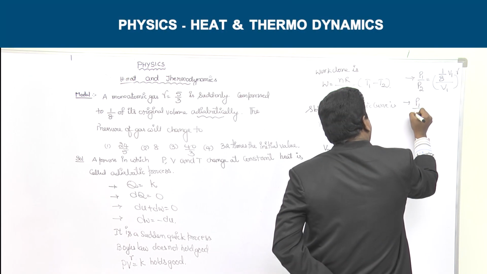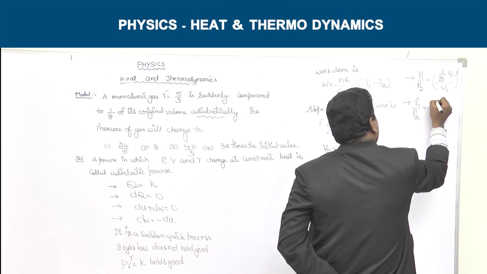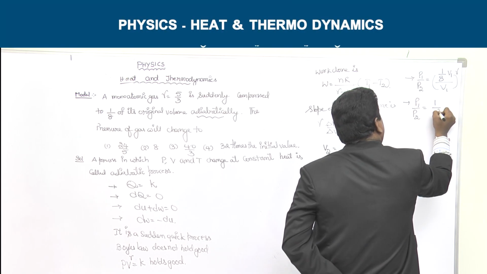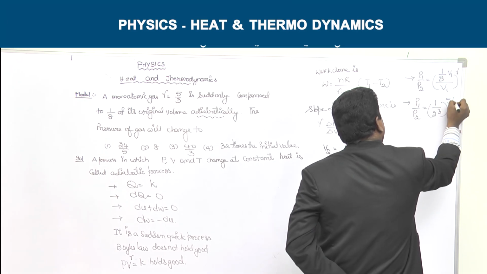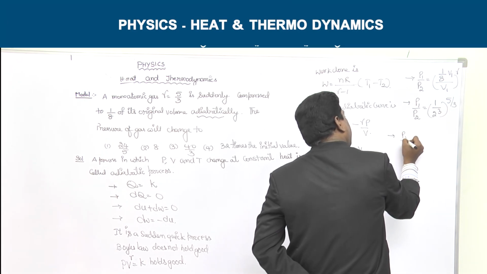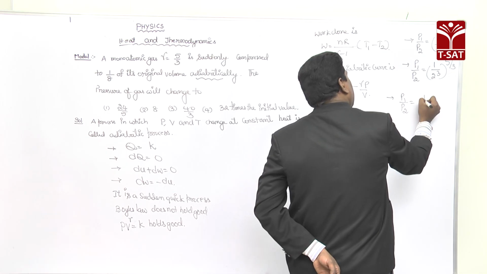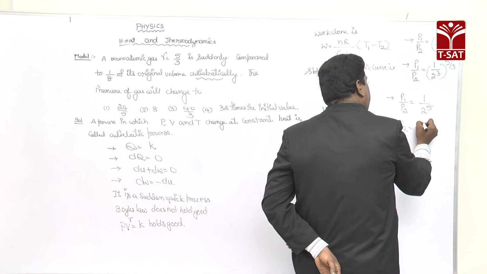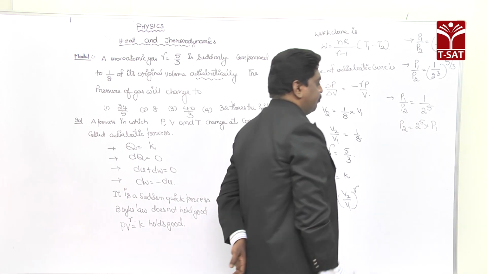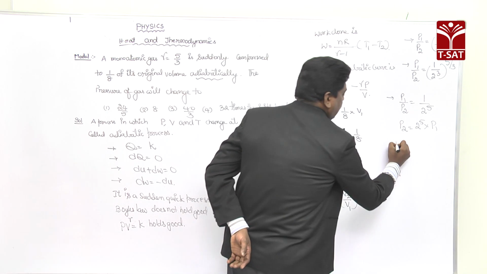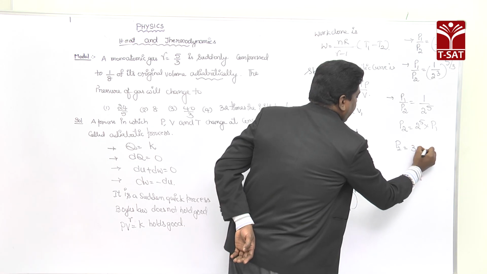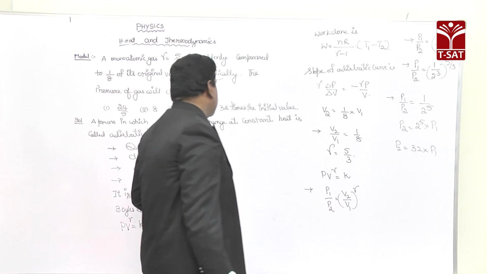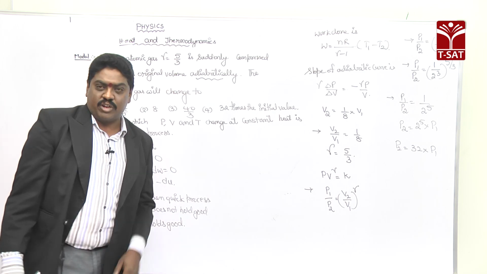So P1 by P2 is equal to (1/2 cube) whole to the power of 5/3. P1 by P2 is equal to 1/2 to the power of 5. So P2 is 2 power 5 times P1, which is 32 times the initial pressure. So it is our fourth option.